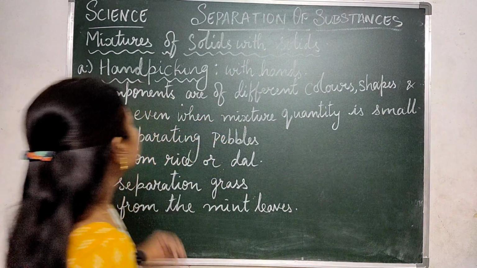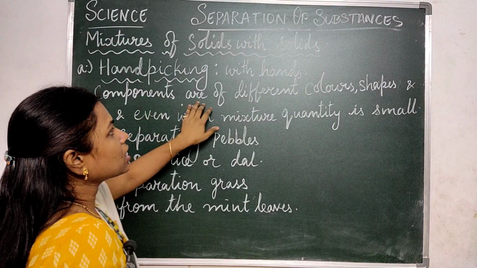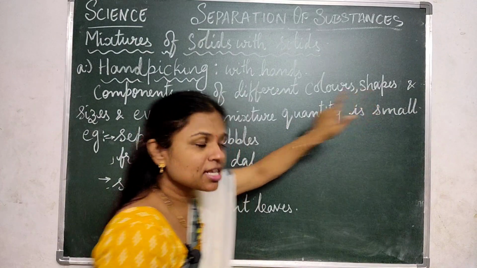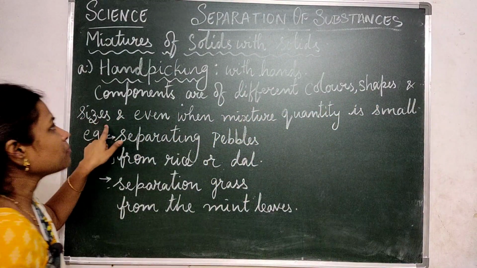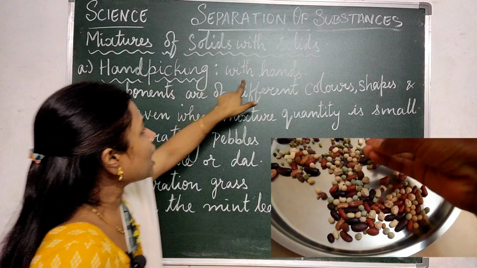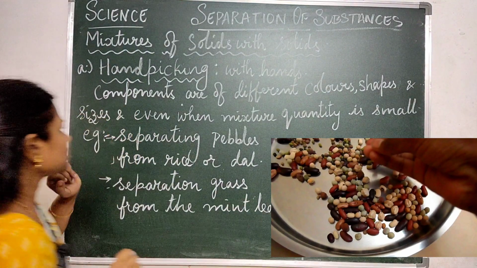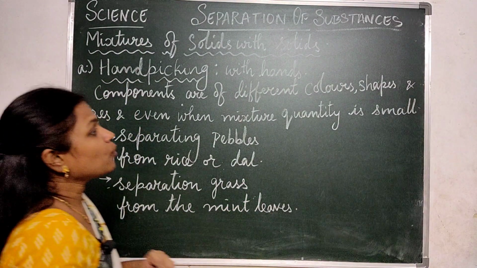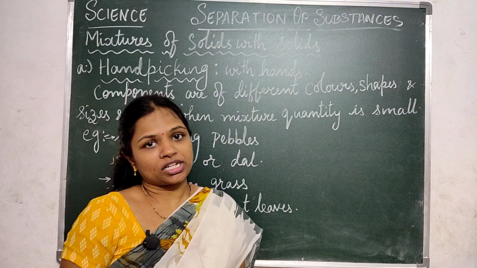So this method is mainly used when the components are of different colors, different shapes and different sizes. This makes it easy to pick them with the hands. And this method is also used when the mixture is in very small quantity.